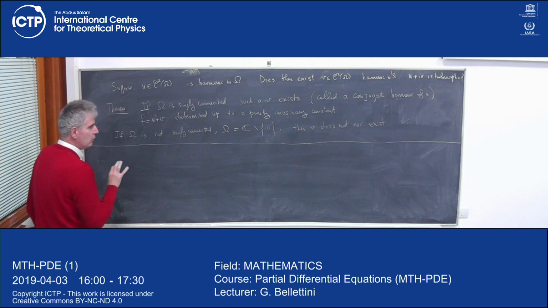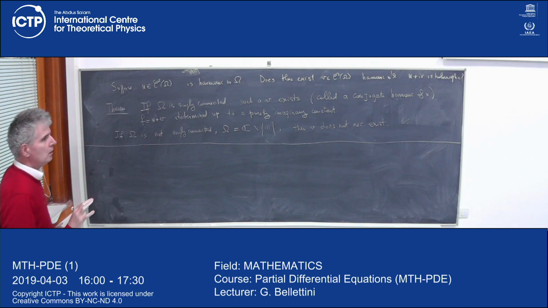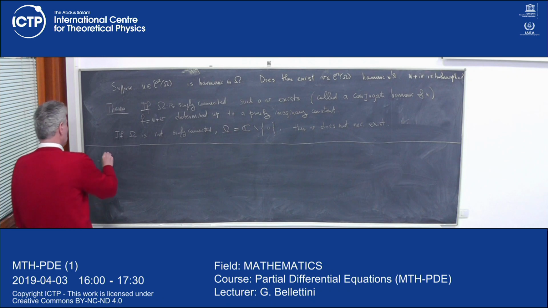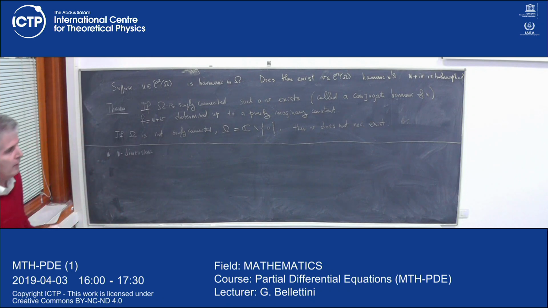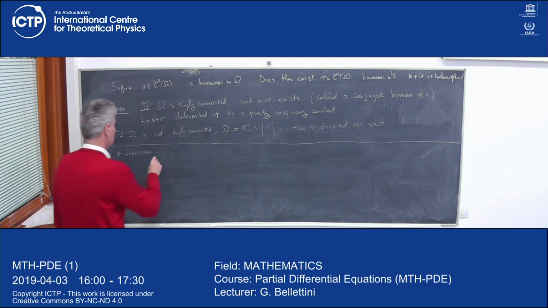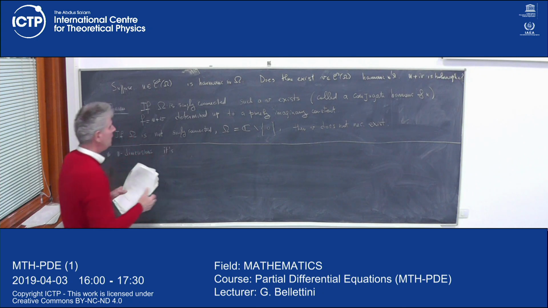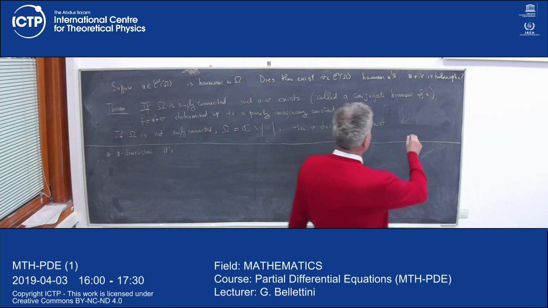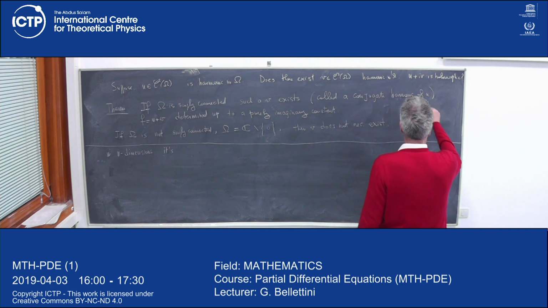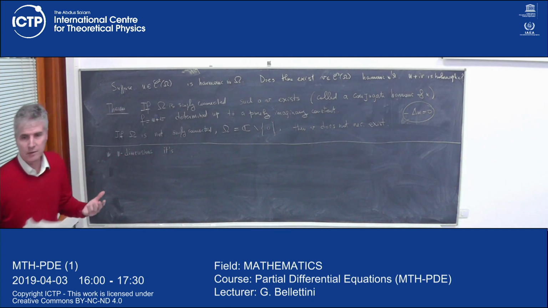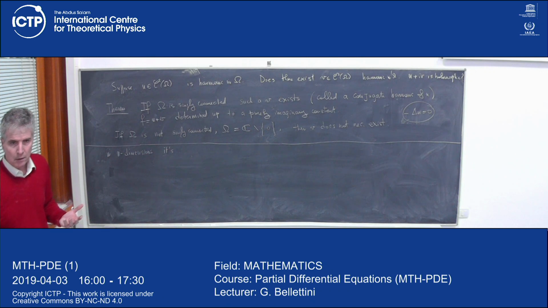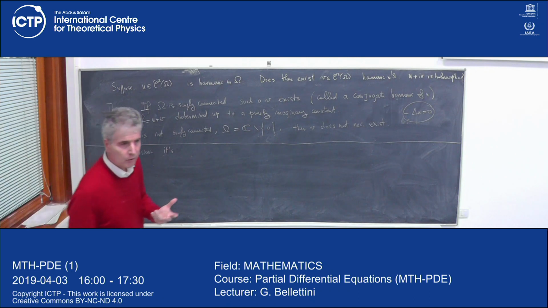In order to try to find examples, we look in R^n now, in n dimensions. So not anymore confined to the complex case, but in any dimension. It's natural to look for special solutions. You have a PDE, you don't know what to do, so it's very natural to look for functions which have some sort of symmetry, like what we do in ODEs.